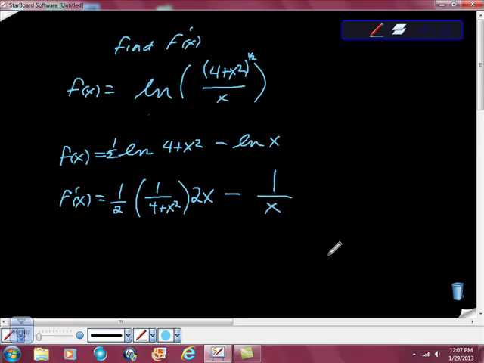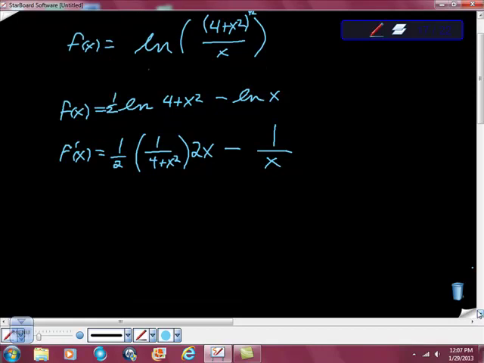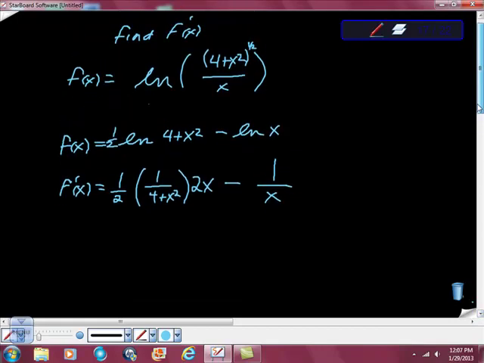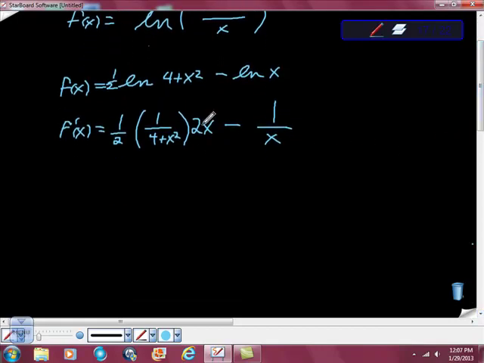This one's a pain in the neck also, isn't it? Well, this one's not terrible. 2x times 1/2 is just x, isn't it? So I'm going to take this as x over (4 plus x squared) minus 1/x. That is f prime at x.